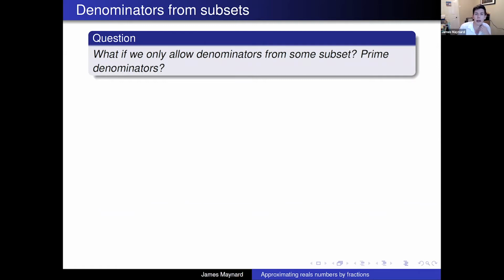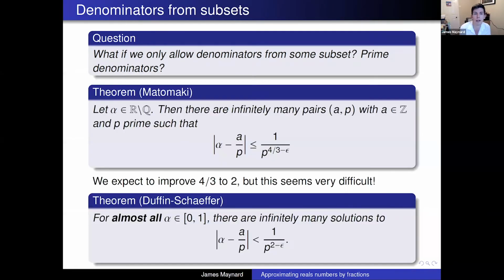So this is again a fairly old, well-studied problem that crops up in various different places, and the current world record is a result of Matomäki, and so this says for every irrational number alpha, there are infinitely many pairs of integers a, p with p a prime, such that alpha can be approximated by a over p with an error of 1 over p to the 4/3. So again, 1 over p is the trivial bound, and Matomäki can get a quantitative improvement over that trivial bound.